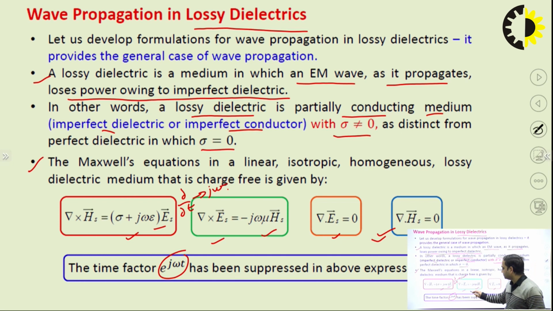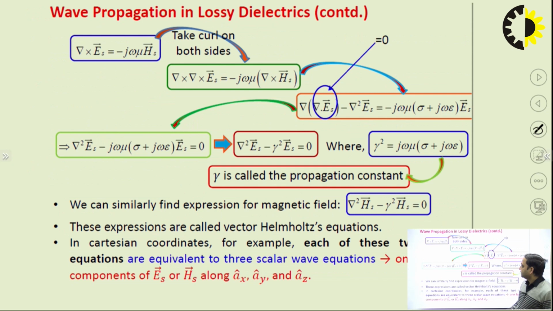This is equation number 1, this is equation number 2, this is equation number 3, this is equation number 4. So, we are taking equation number 2, with j omega Hs, and we take the curl of these two equations. Every time you have to follow the same procedure: take the curl of that equation, because we want the wave equation in terms of E.